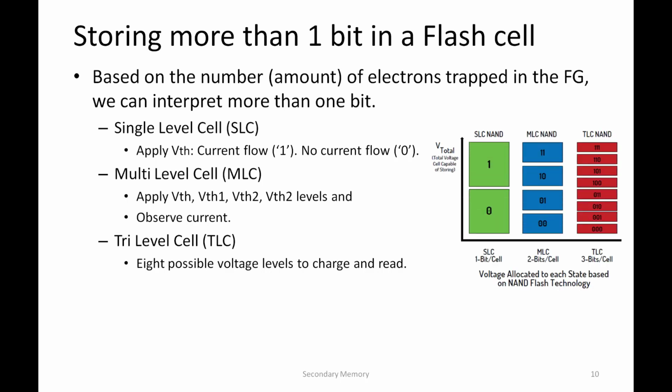So a representation of such voltage levels: in an SLC flash cell, the high voltage would represent a 1 and low is 0. But if you look at TLC, there are 8 possible voltage levels and each of them is interpreted as a sequence of 3 bits.